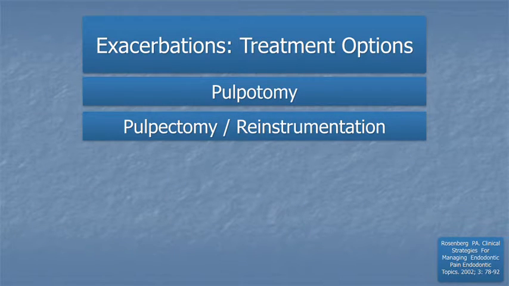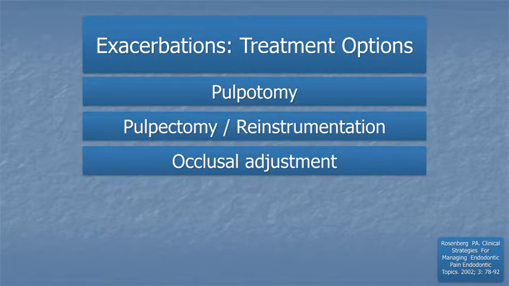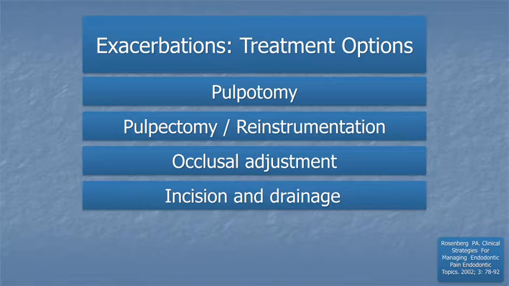Complete instrumentation or re-instrumentation is often a good approach if tissue has been left behind or shredded due to incomplete instrumentation. We've just discussed the importance of occlusion and not allowing a patient to leave with high occlusion or relieving occlusion whenever possible. Incision and drainage is a possibility, but not in vital cases.